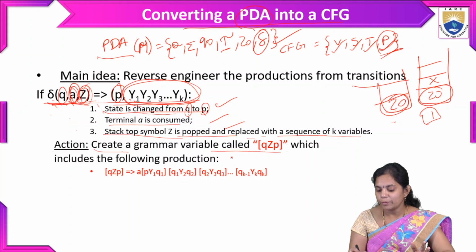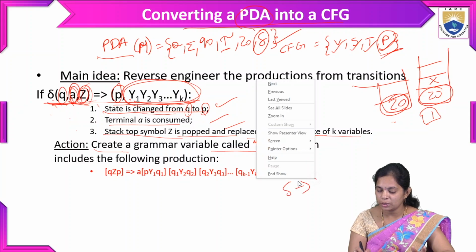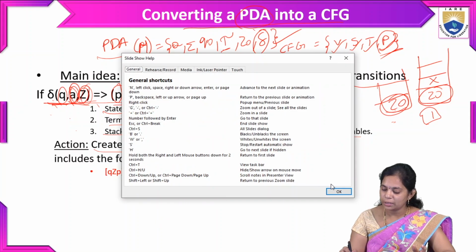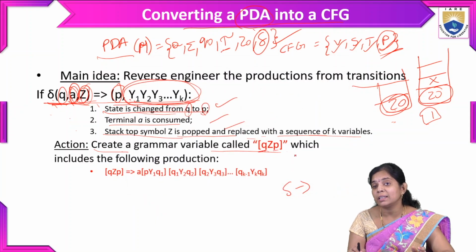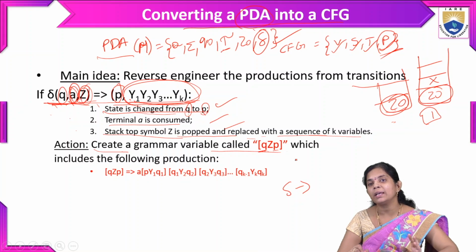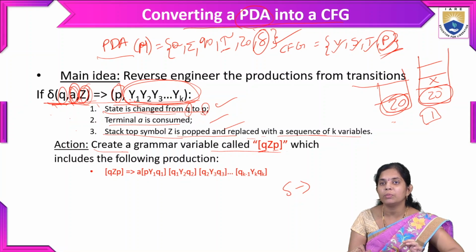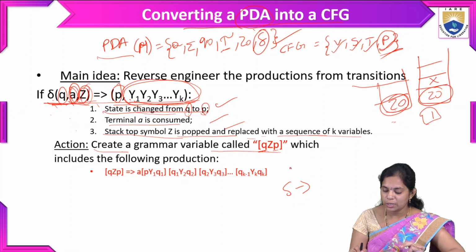Till now we have seen only single letters, but here we have 2 things: the present state and the next state. We need to design the production rule as a combination of both, so we write the production rule like QZP, with the current state and next state along with it.